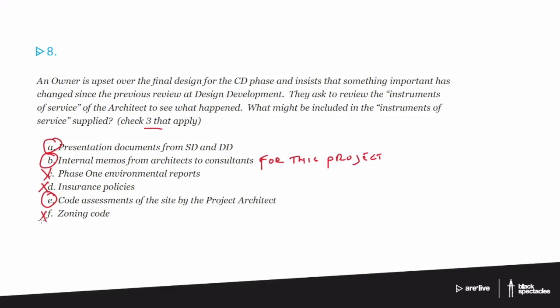But you can't expect somebody to pay for your time to do research if you're not going to then allow them to take that research later with them to use as they want to use. So the instruments of service, it's everything that you produce, memos, sketches, presentation documents, all of that stuff for a particular project, for a particular client at a particular site.